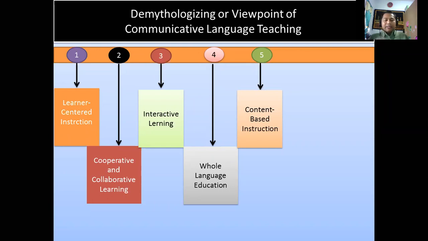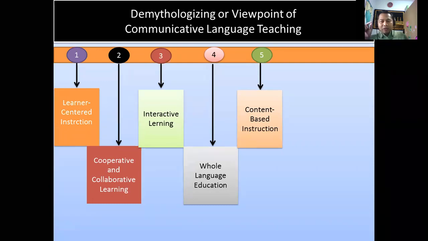You may implement this to develop your English skills. Something like you have an English conversation club, and you discuss something other than English.